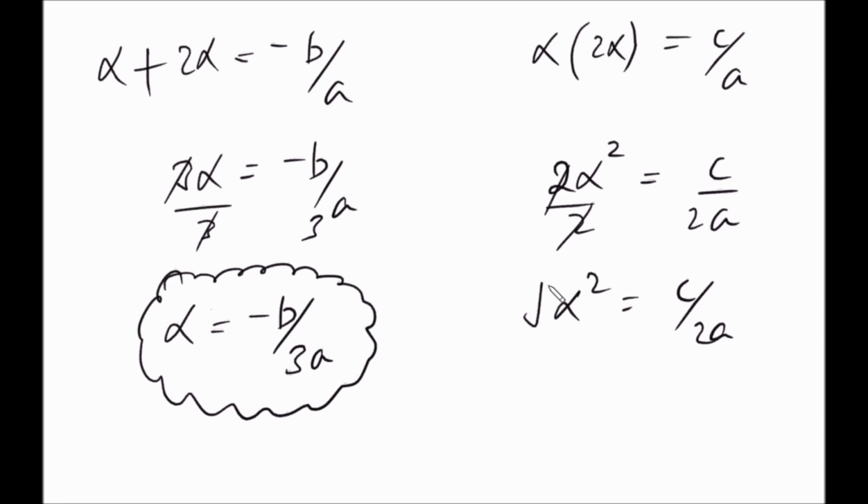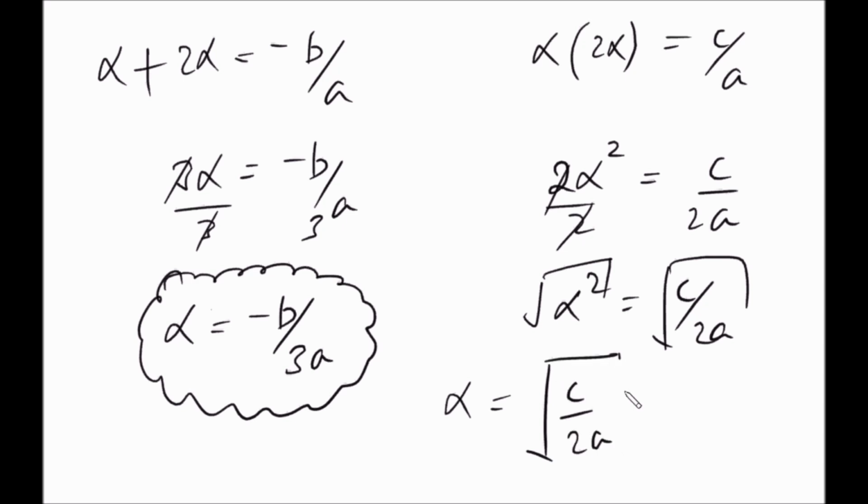Square root both sides, and we get alpha equals the square root of c over 2a. But alpha also equals negative b over 3a. So negative b over 3a equals the square root of c over 2a.